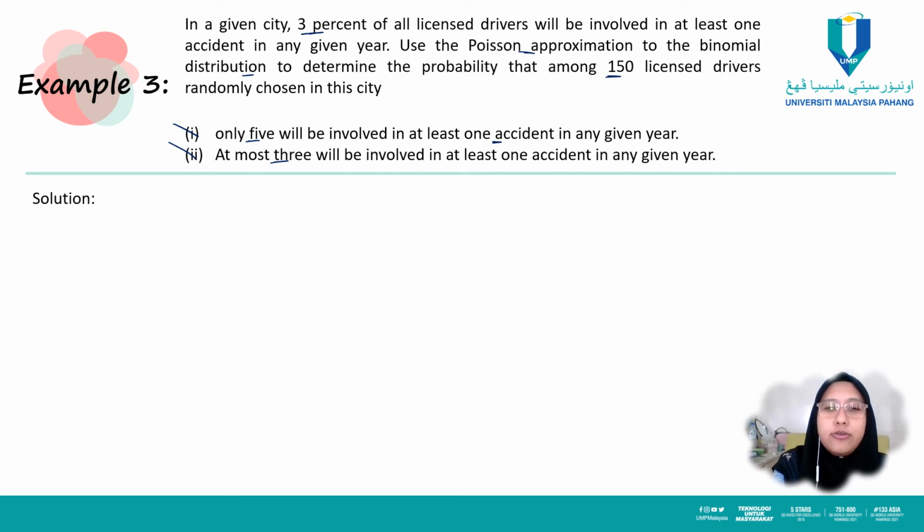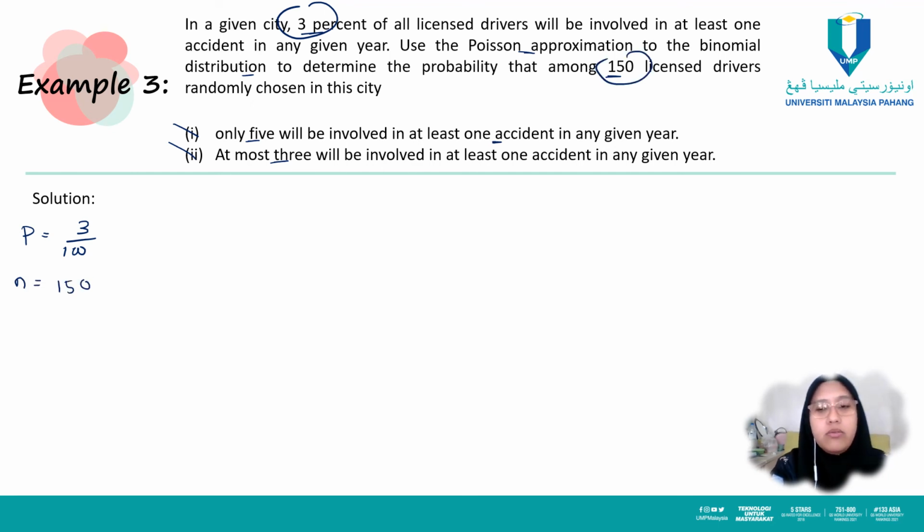From the problem, the information that we have is our P. P is equal to 3 over 100, because 3%. And then we also have the value for N, N is equal to 150.